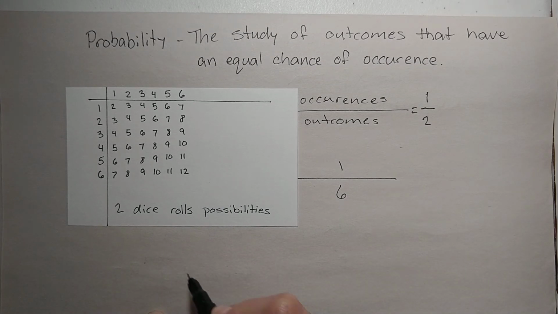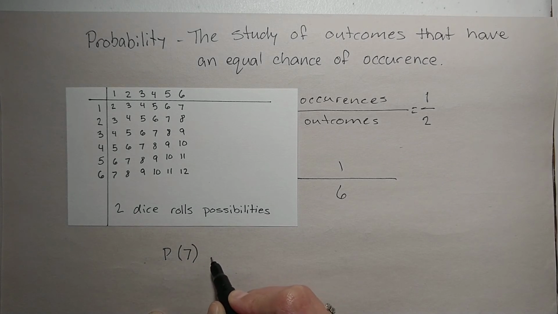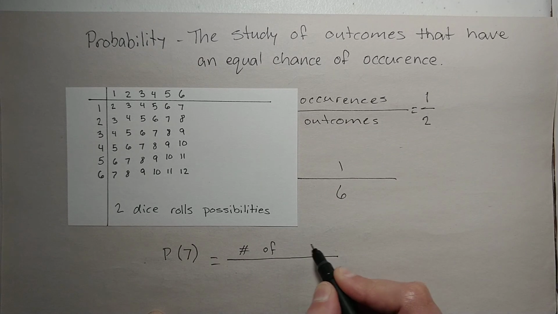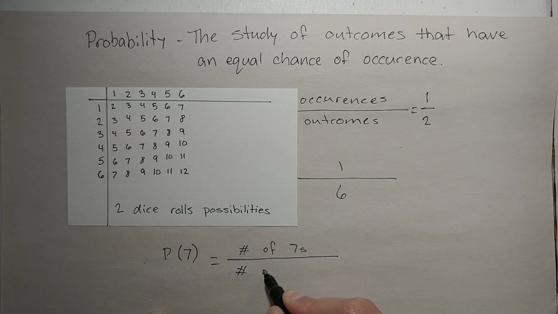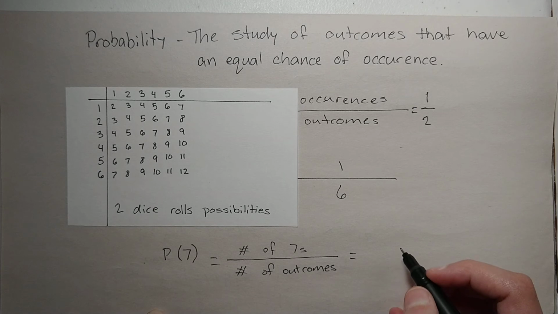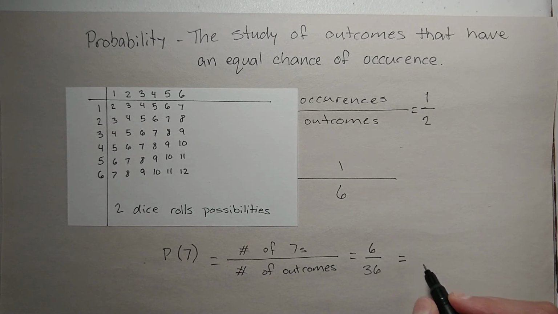So the probability of rolling, for example, a 7 is going to be the number of 7s you can get over the number of outcomes, which in this case we got 1, 2, 3, 4, 5, 6 possible chances of getting a 7 out of 36 total outcomes, which gives us a 1 in 6 chance probability of rolling 7.